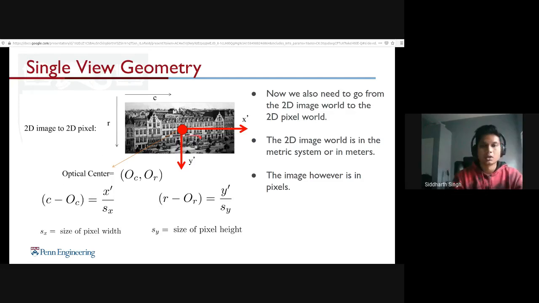So the image center is always the optical center? Optical center is the center of the camera lens. Image center may or may not be that. I will not say it's definitively that, because it depends a lot on the height and width of the image also.